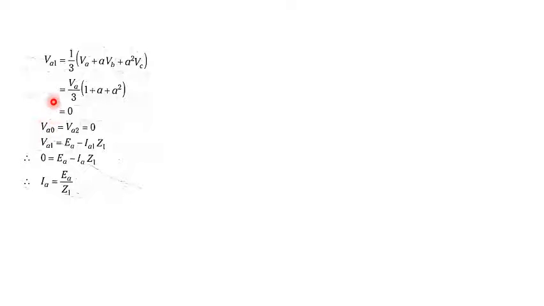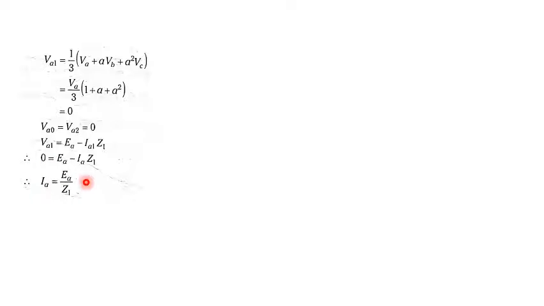From this we know what VA1 is. VA1 is equal to EA1 minus IA1 Z1. What is EA1? That is the same as EA. Anyhow VA is 0, so this can be written as EA minus IA1 Z1. We need to calculate the value of IA1, so this will become EA divided by Z1.